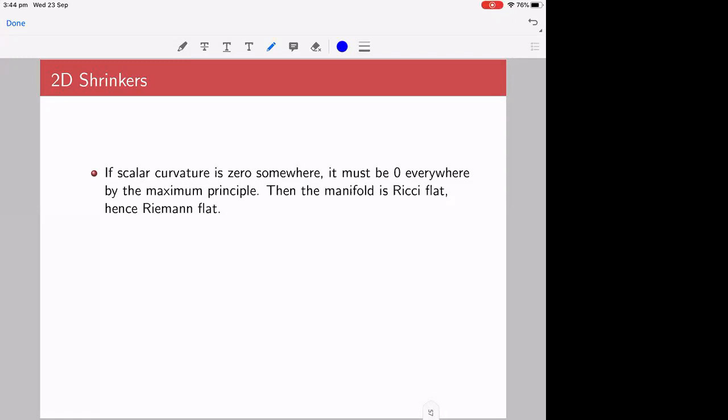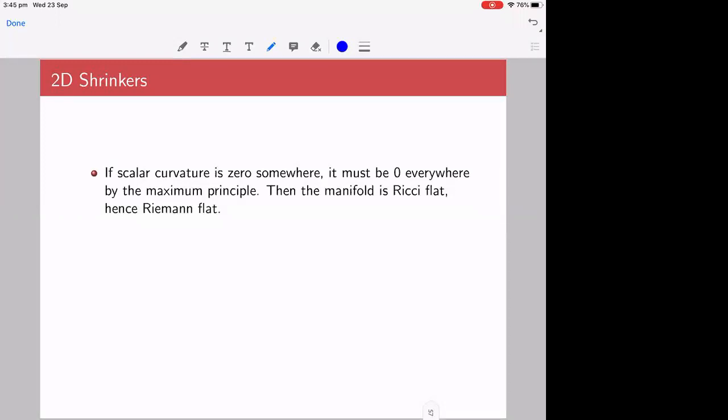Well, this isn't actually too bad. What is really important here is that the scalar curvature, Ricci curvature, and Riemann curvature are all basically the same thing. So if your scalar curvature is 0 anywhere, then by the maximum principle obeyed by the scalar curvature, it has to be 0 everywhere. If a two-dimensional manifold has 0 scalar curvature everywhere, it has to be Riemann flat. And of course, we know what those manifolds look like.